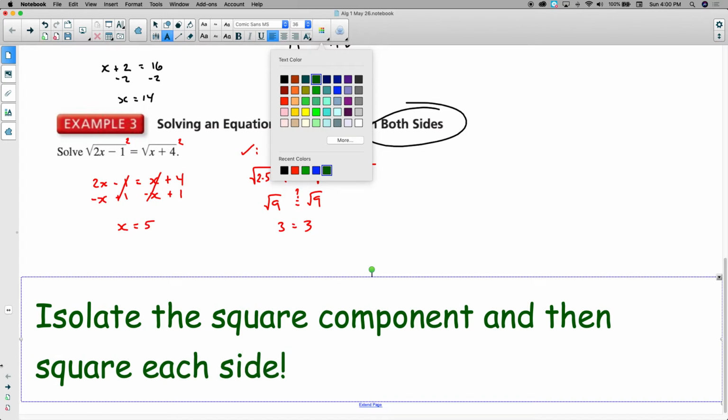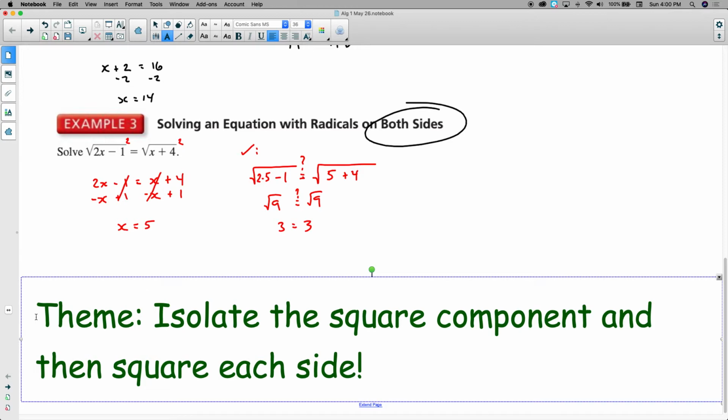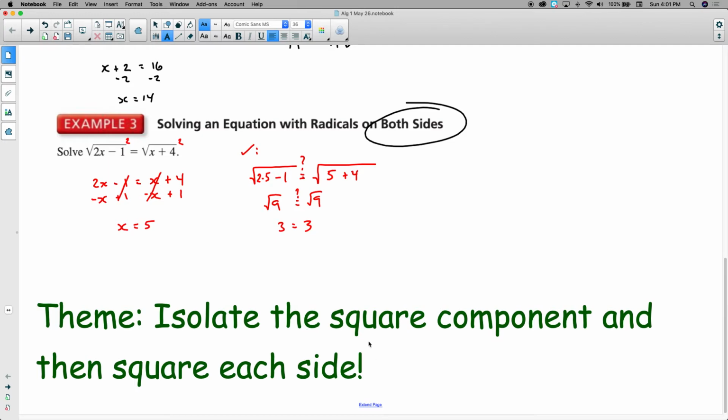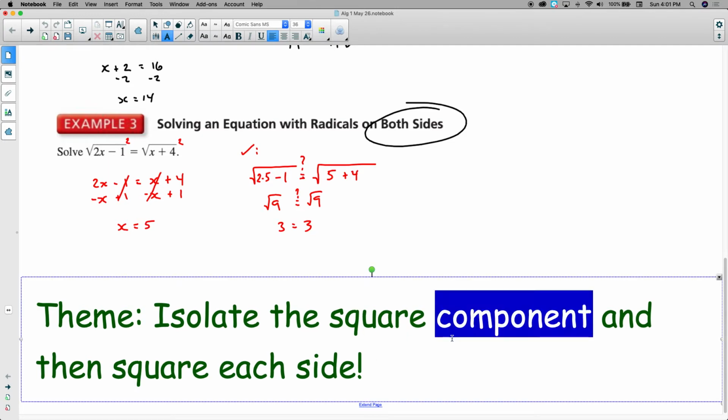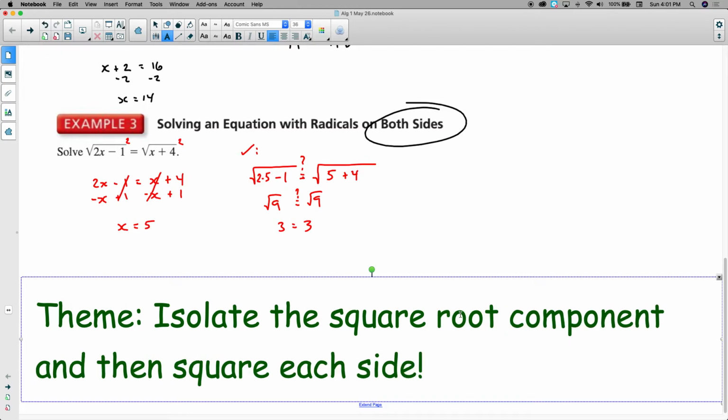That's the theme. Maybe I'll even write that out front. All right, that's the main takeaway that we got going on so far. Isolate the square root component and then square each side.